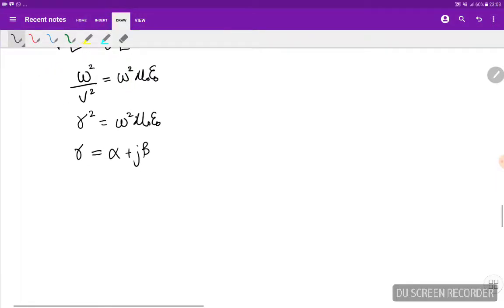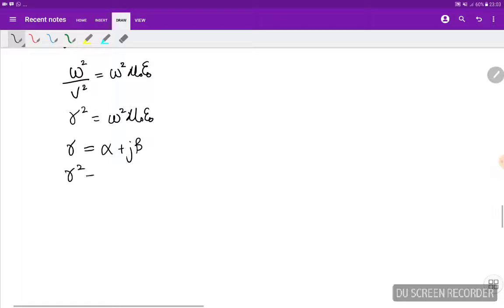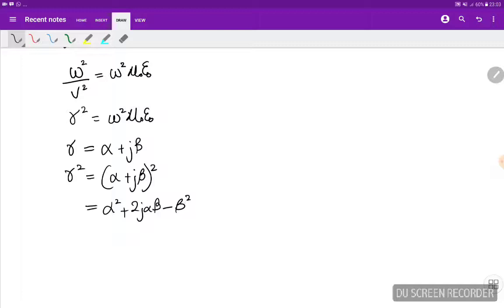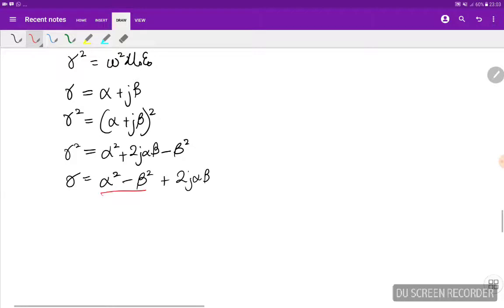This squared is equal to (α + jβ)², and that's going to be α² + 2jαβ − β². Therefore, this is going to be α² − β² + 2jαβ. As you can see, this side is our real part and this side is our imaginary part.